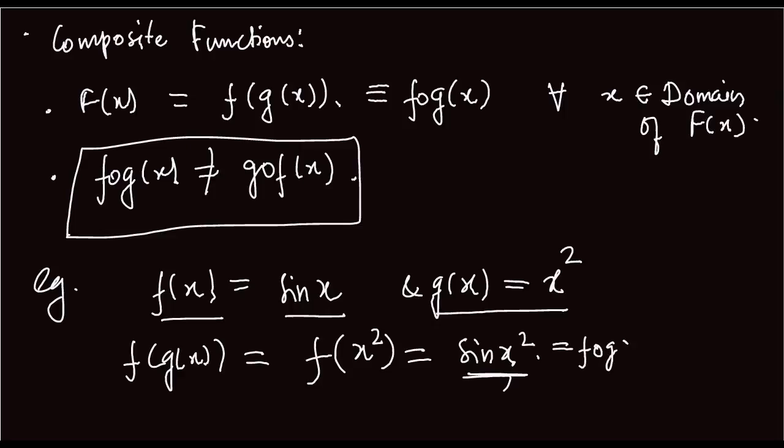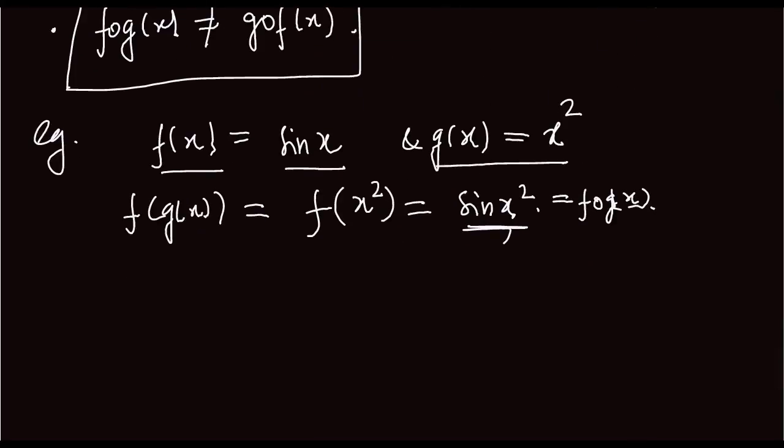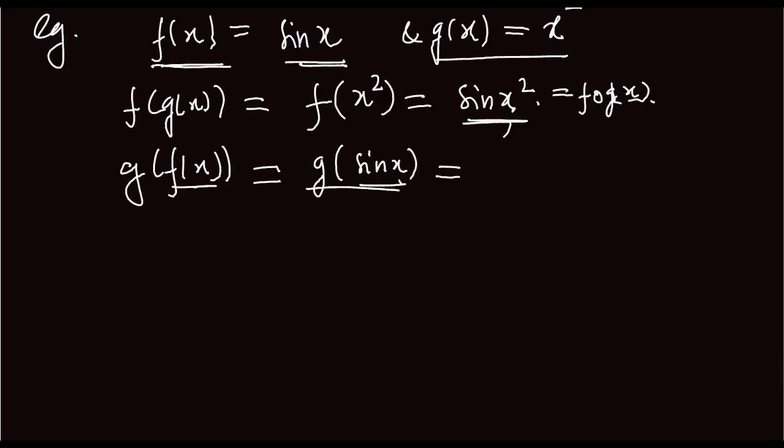So this is our fog x. Right? Now, what will be our g of f of x? g of f of x is what? f of x is sin x.